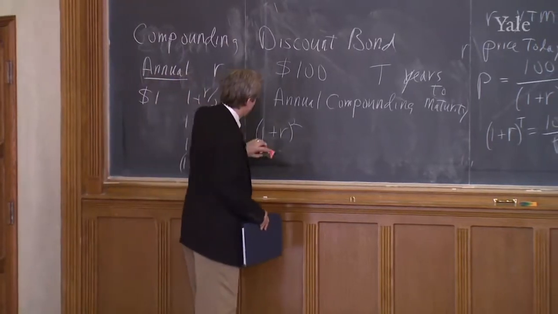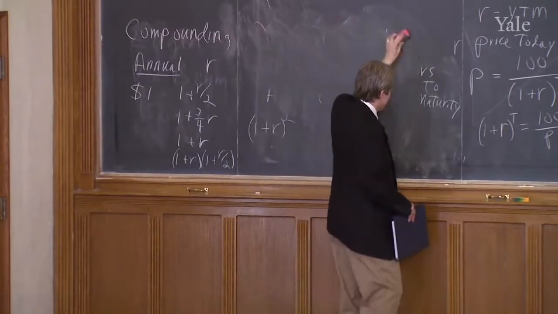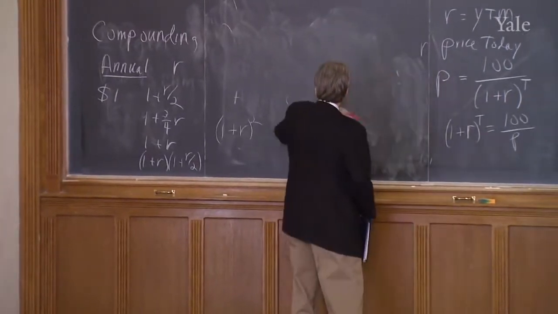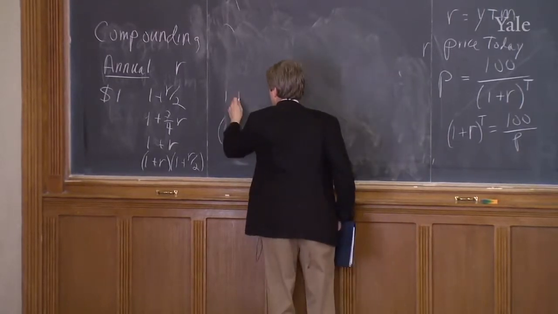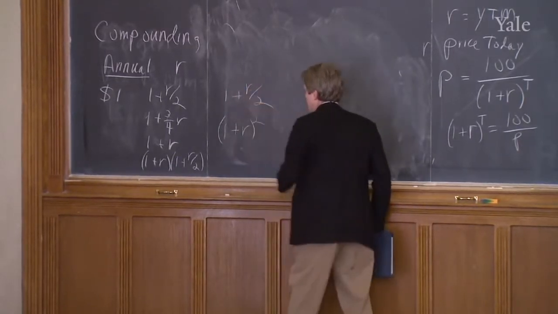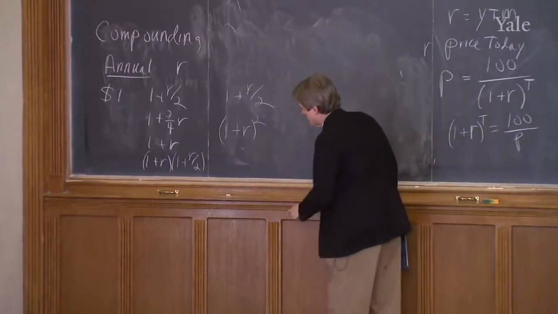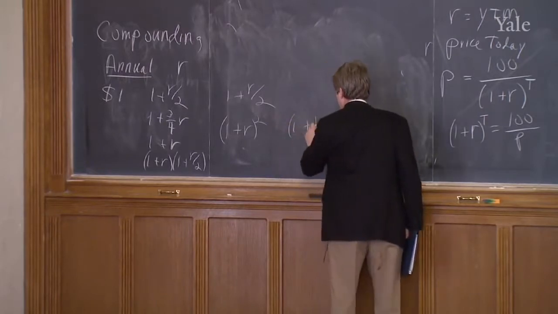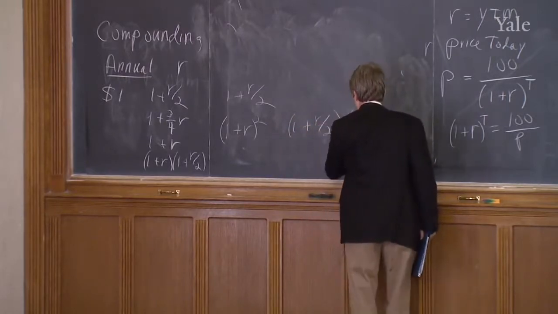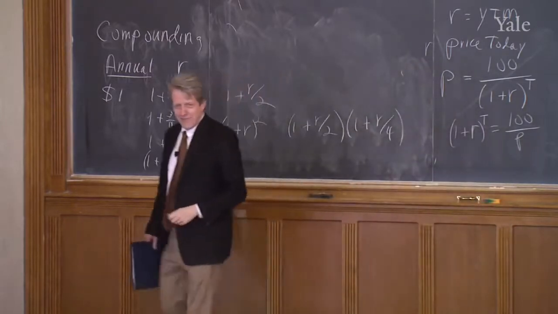They could offer you every 6-month compounding, twice a year compounding. Then here's the difference. After half a year, you'd have 1 plus R over 2, as before. But now, after 3/4 of a year, you would have instead 1 plus R over 2 times 1 plus R over 4, and so on.